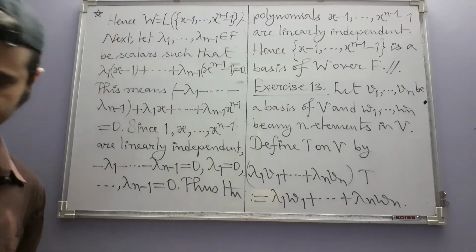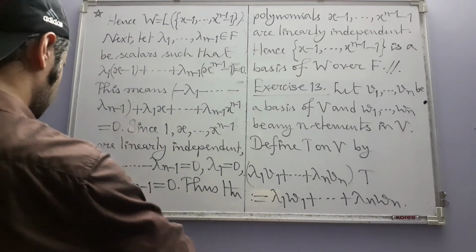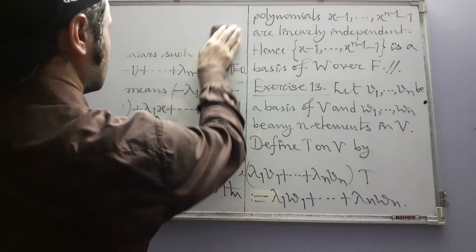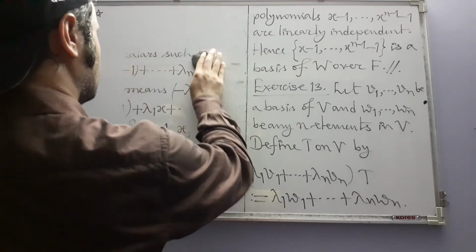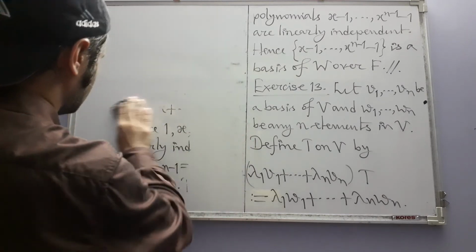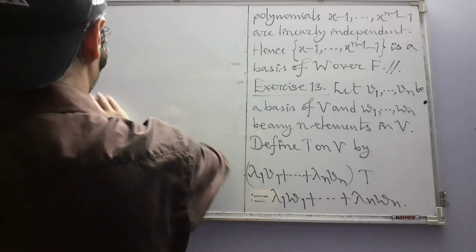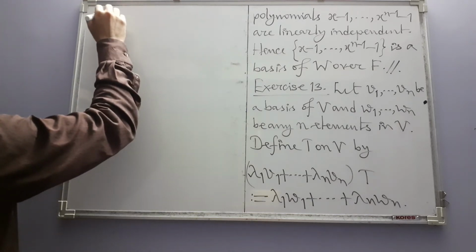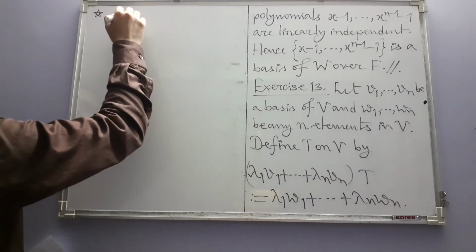There are two parts. Part A, show that T is a homomorphism of V into itself.